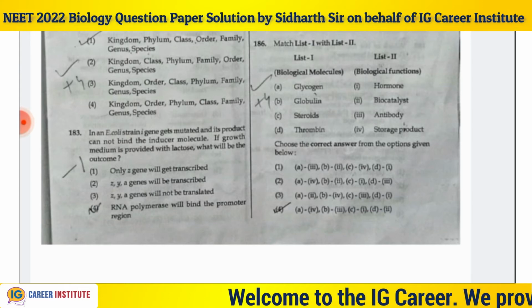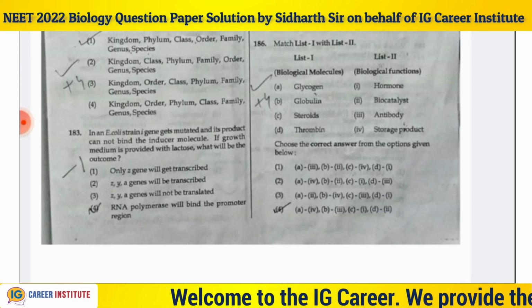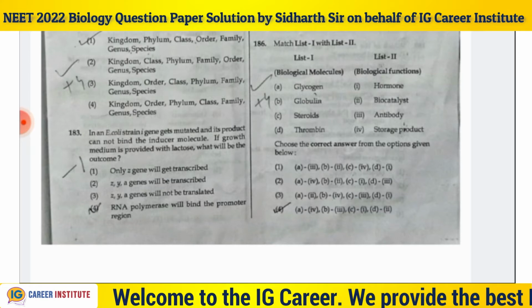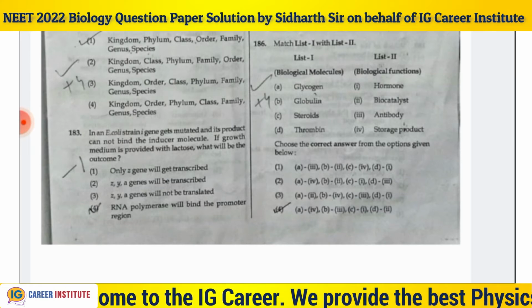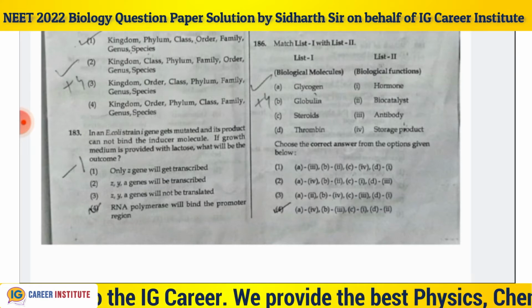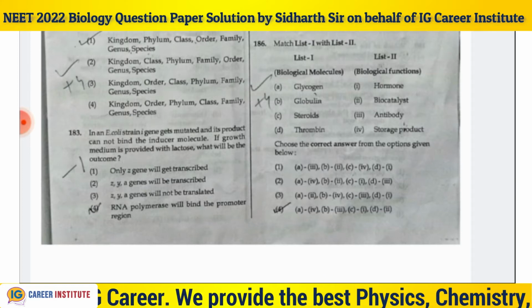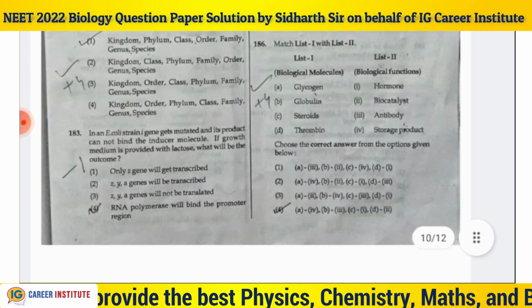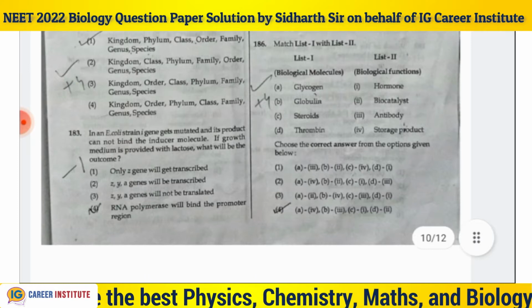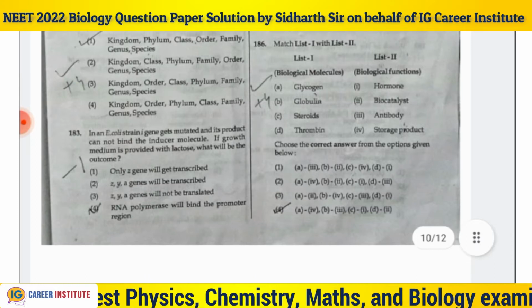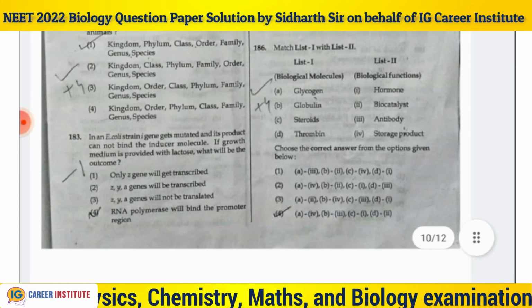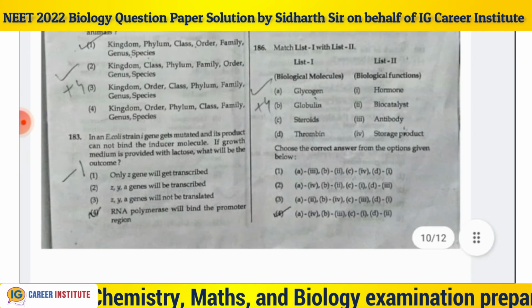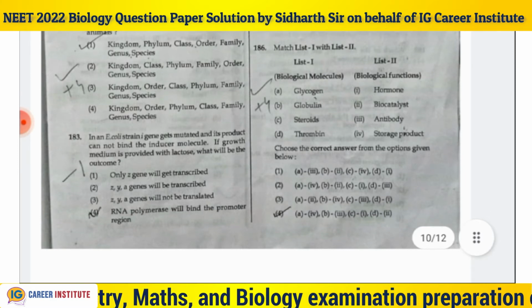To be more specific, these enzymes that are required for lactose metabolism, like permease, transacetylase, lactase. So this type of enzyme. So when you don't have the inhibitor anymore, then Z, Y and A will be transcribed. So it's option 2.